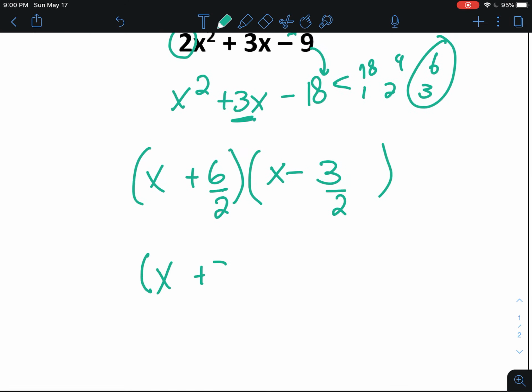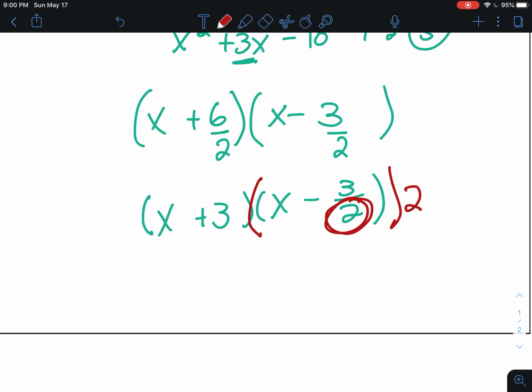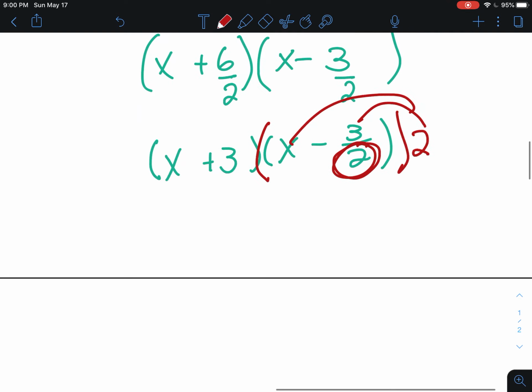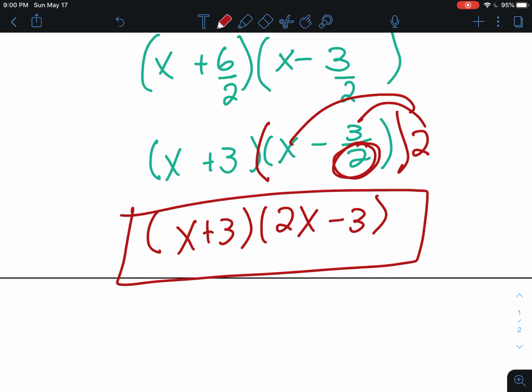So then it becomes x plus 3 multiplied by x minus 3 halves. And then the one with the fraction in it, that's the one that we take and we multiply to get rid of the fraction. So there's a 2 in the bottom, so we multiply by 2. And that's going to give us x plus 3 multiplied by 2x minus 3. Bada bing, bada boom. That is your answer.